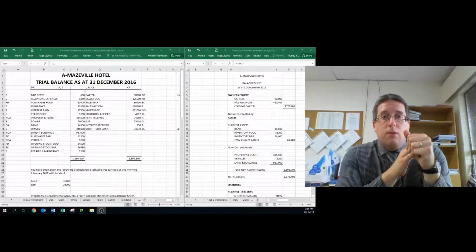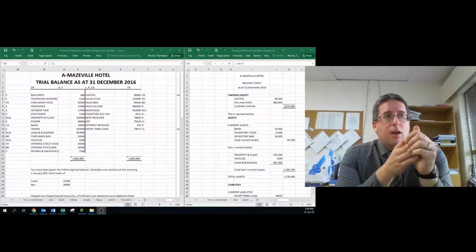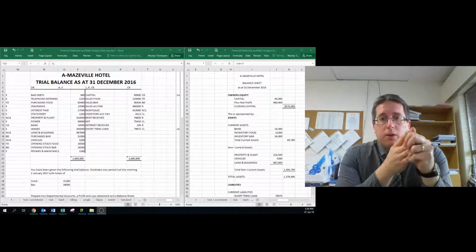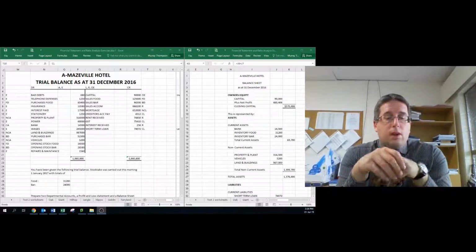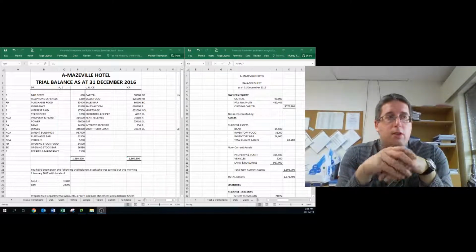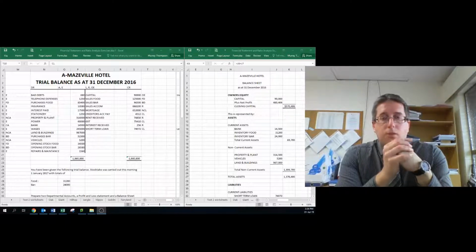Check you have remembered inventory. That's a common one. If not, you'll have to go back to the start, because your profit will be wrong, so that could be on the departmental account or it could be on the income statement. So just double check the calculations, double check you're adding up, and that you've used the right figures with the right formulas.